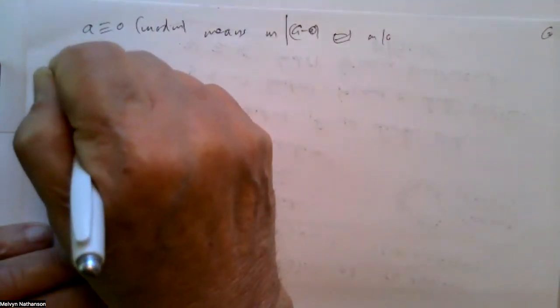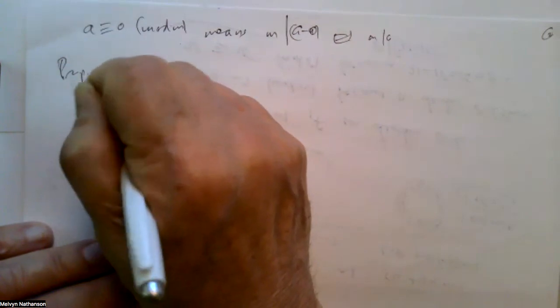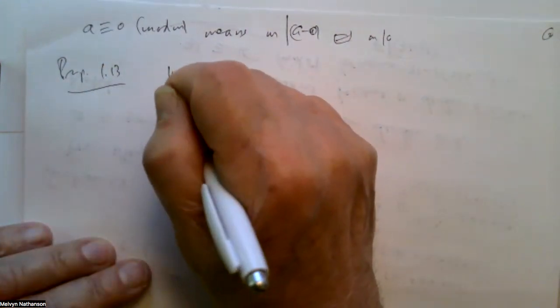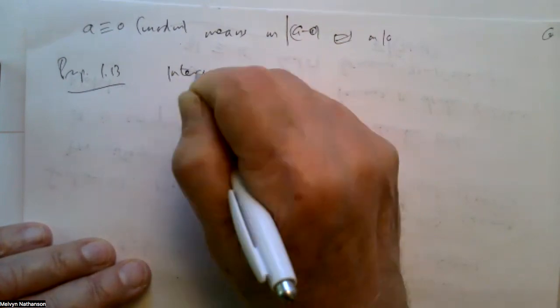And many of the properties are collected in this proposition 1.13 in the text. So we have an integer M greater than or equal to 1.